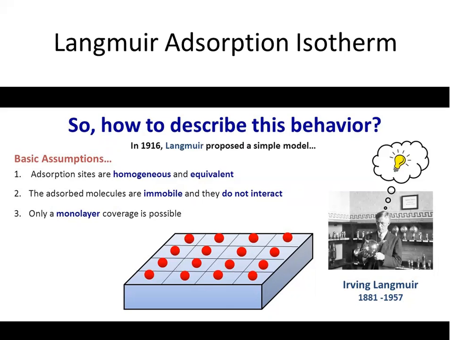So there are both possibilities. If the molecules can adsorb further, it is physical adsorption. Otherwise, it will be chemical adsorption. But we can consider the first layer as a monolayer for both chemical and physical adsorption.